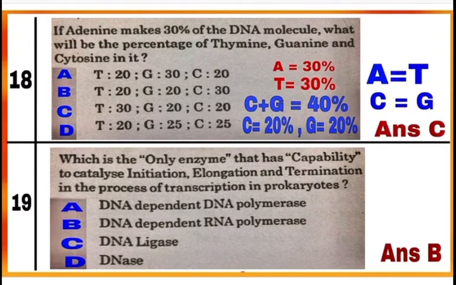Which is the only enzyme that has capability to catalyze initiation, elongation and termination in the process of transcription in prokaryotes? Option B. It is DNA dependent RNA polymerase which catalyzes initiation, elongation and termination in the process of transcription in prokaryotes.